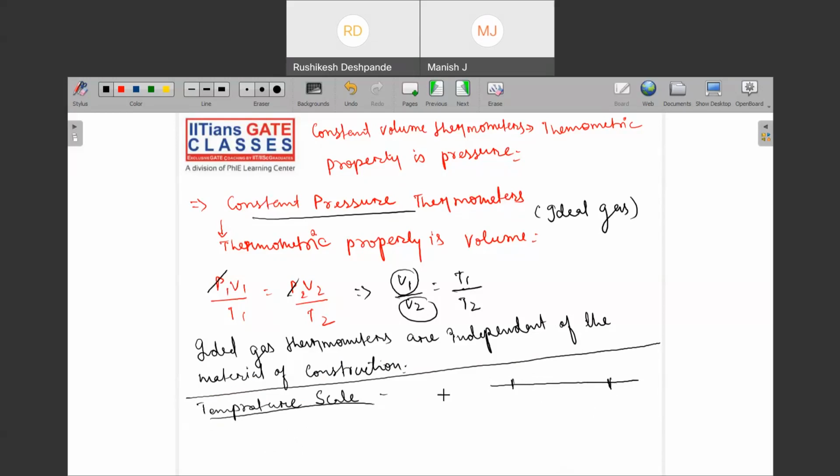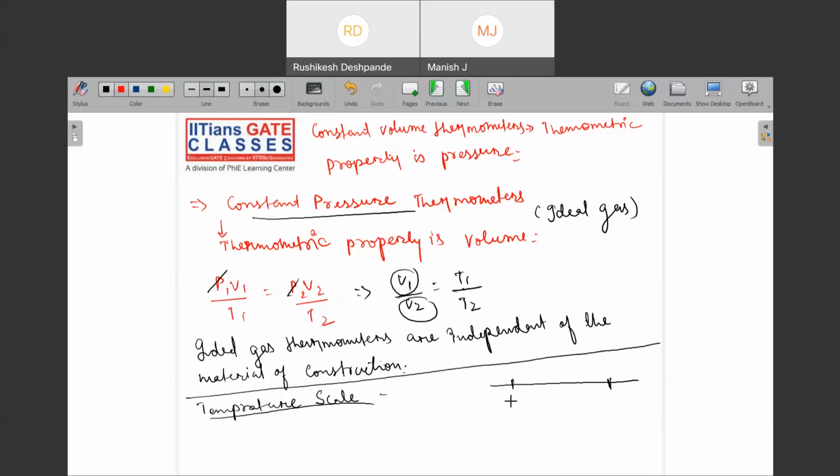Temperature scales depend upon two fixed temperatures, two constants. Whether I analyze in the degree Celsius scale, Fahrenheit or any given scale, I have two fixed points.